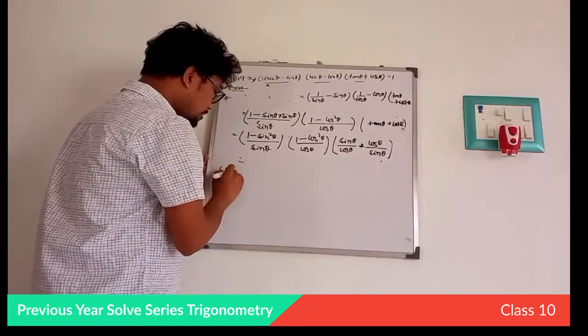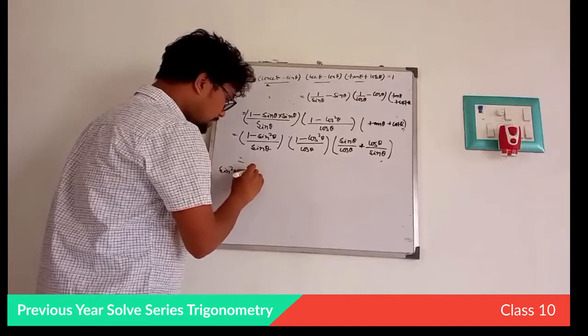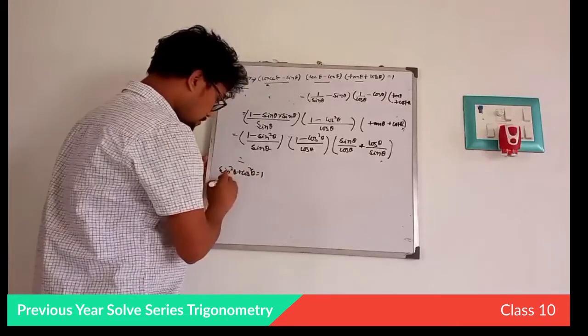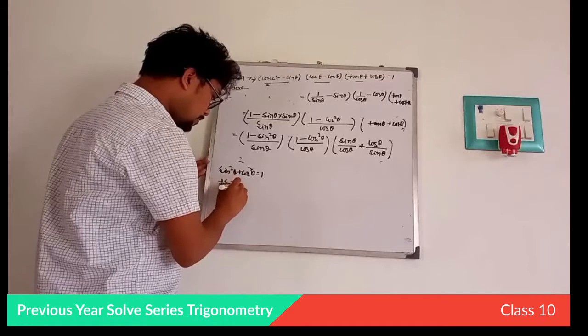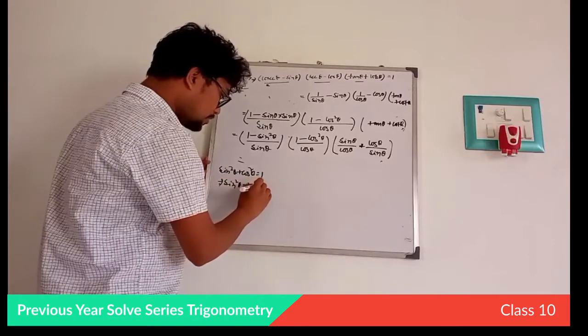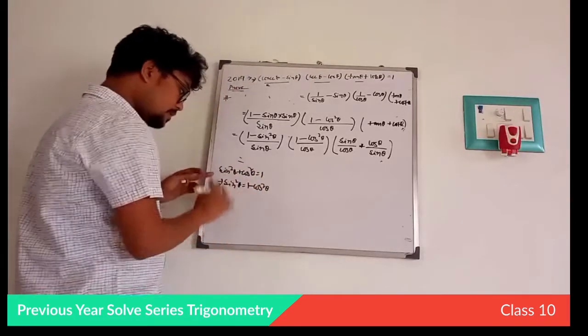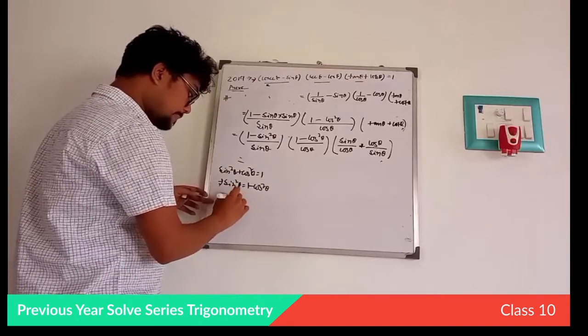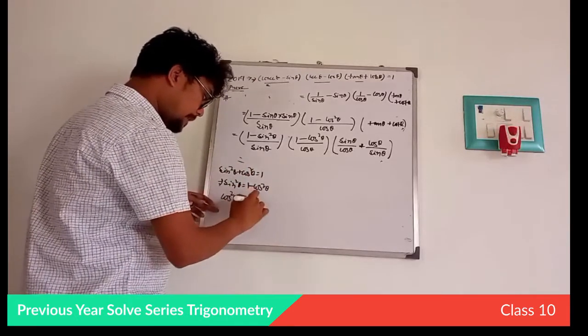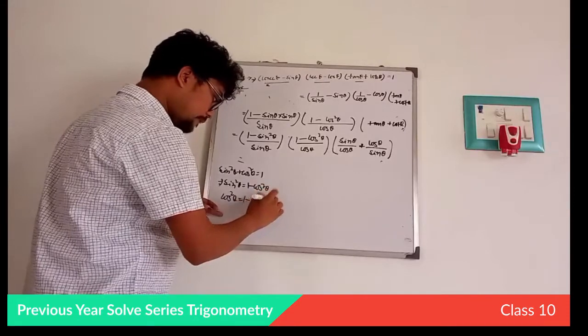Now sin square theta plus cos square theta equals 1. So sin square theta equals 1 minus cos square theta, and cos square theta equals 1 minus sin square theta. Fine.